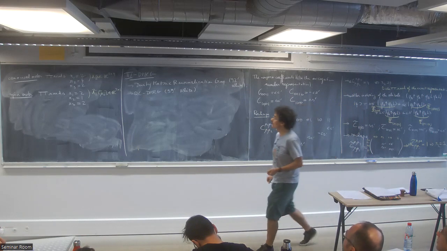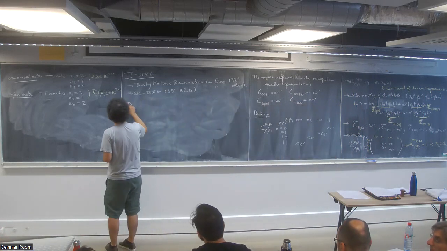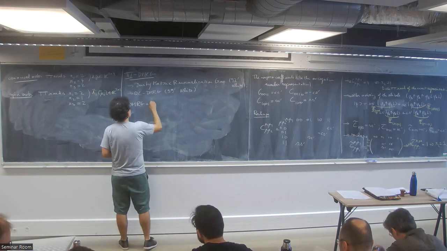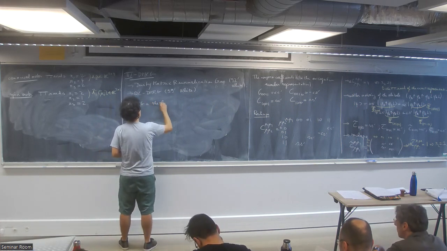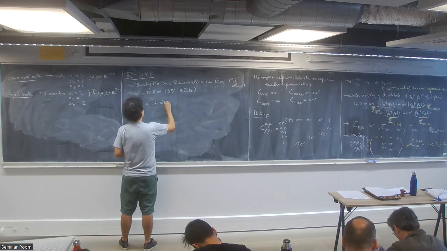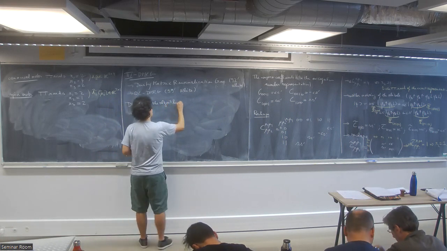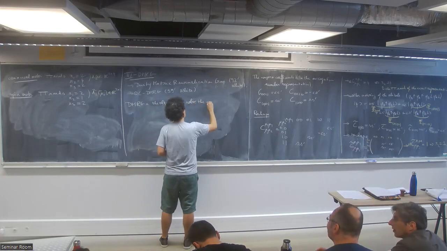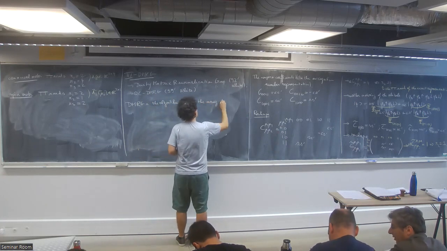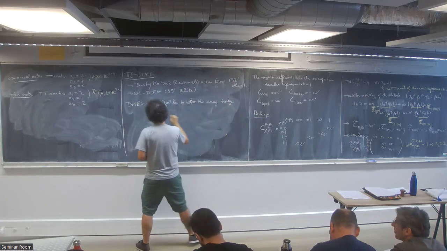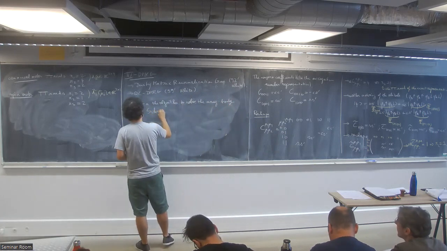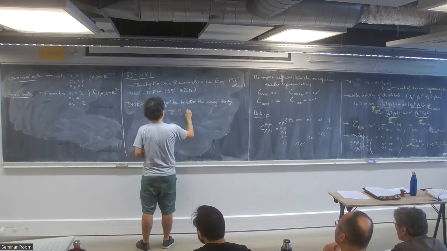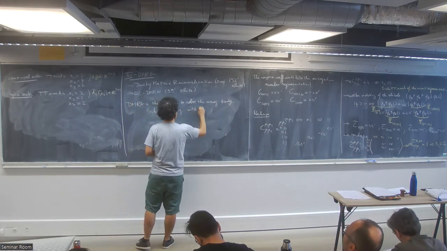So maybe I should write that. DMRG is the algorithm to solve the many-body Schrödinger equation with tensor trains.